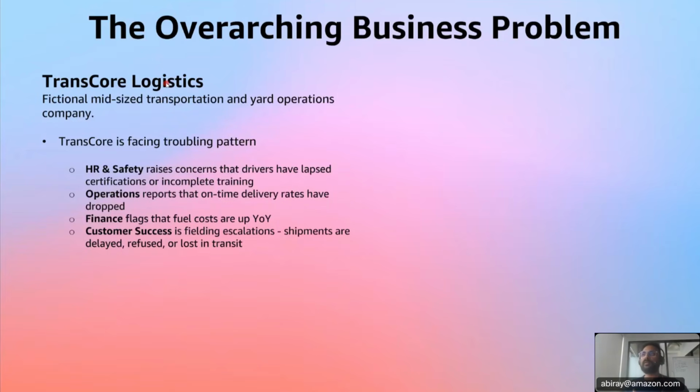Right now, Transco Logistics is facing a troubling pattern. HR department is raising concerns that drivers have lapsed their certifications. Operation team reports that their on-time delivery rates have dropped. Finance is flagging that their fuel costs are going up year over year.